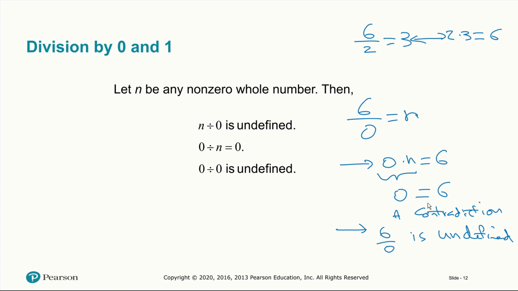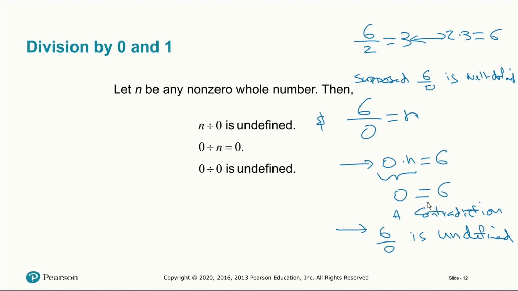This is a quick example of a proof by contradiction. If you wanted to really formalize it, you would start by saying, suppose 6 divided by 0 is well defined. And since it's well defined, we just give it a name, and say that 6 divided by 0 is n.